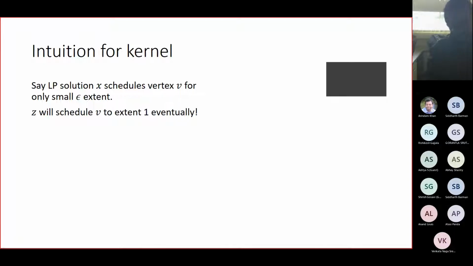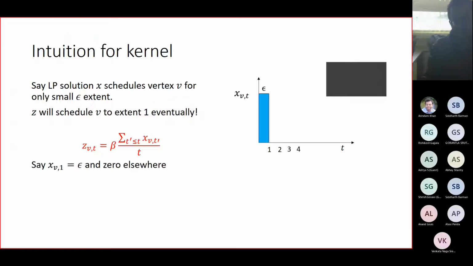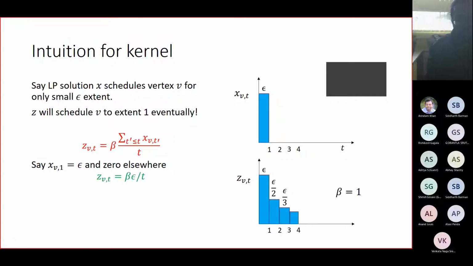So let's see how. Recall this expression for z: beta times the average up to time t. Let's see what this looks like for this particular x. Let's say my x solution schedules vertex v to extent of epsilon in the first slot, where epsilon is some tiny number, and 0 everywhere else. Now what does z look like?